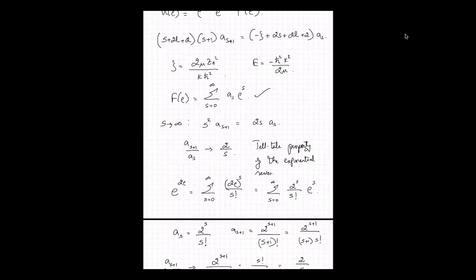But the only way we can ensure that we can still have a power series solution and not have things blow up as rho goes to very, very large values is by not adding up terms for all values of s, but to terminate this power series at some value of s. So we can still have a power series solution. There is nothing wrong with that. But if we want a solution that doesn't blow up, we better not have all terms in the power series.